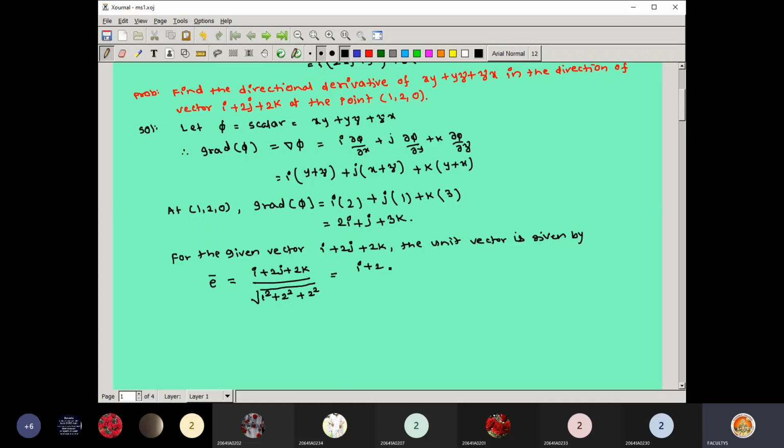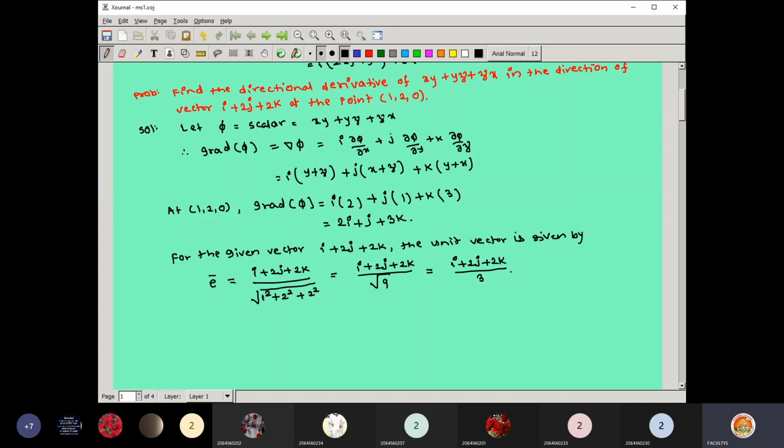So i plus 2j plus 2k, total divided by the square root of 1 plus 4 plus 4, which is 9. So it is i plus 2j plus 2k overall divided by the square root of 9, which is 3. So we have the gradient value as well as the unit vector.